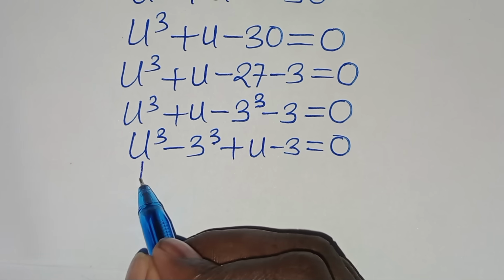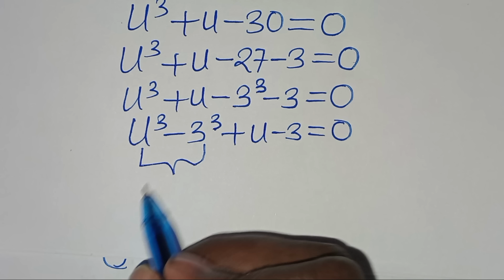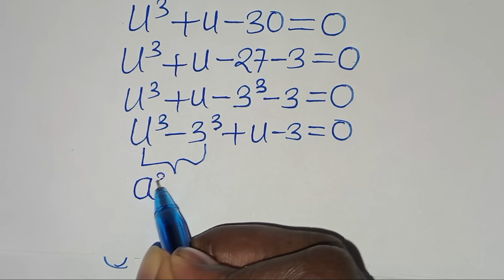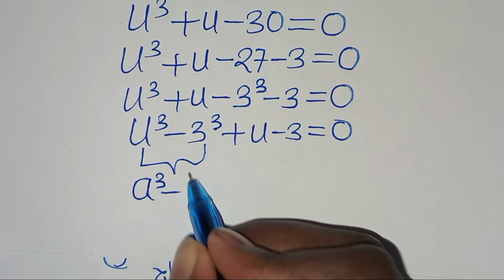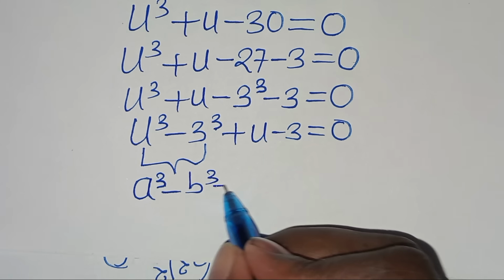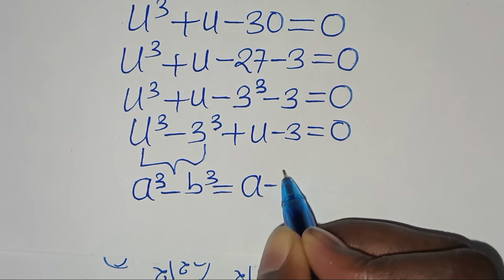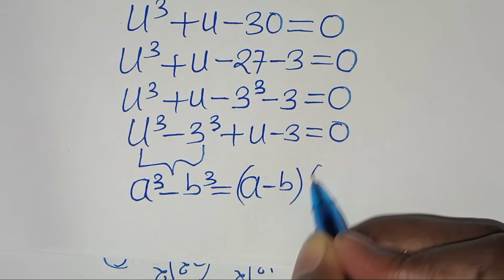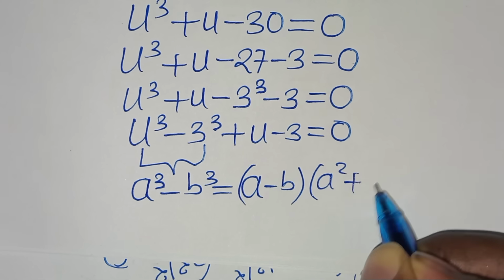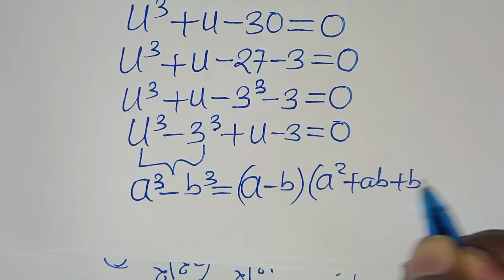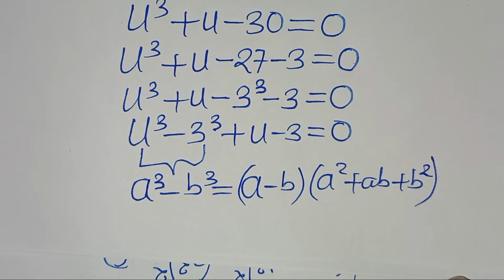Now, this particular part here is the difference of two cubes, expressed as a to the power of 3 minus b to the power of 3, which we can express as a minus b, then a squared plus ab plus b to the power of 2.